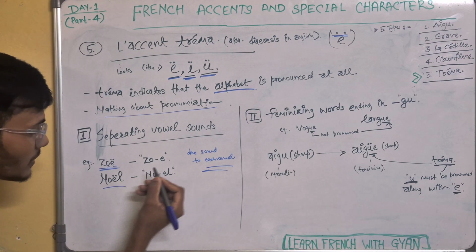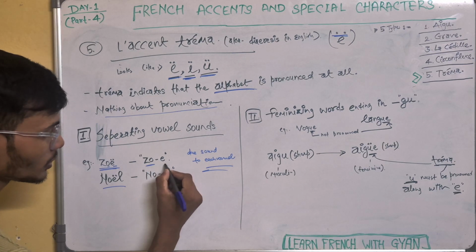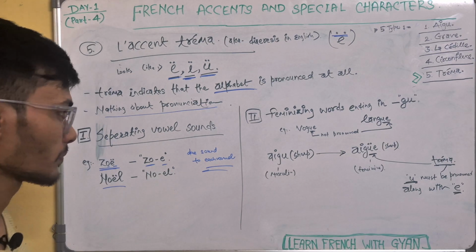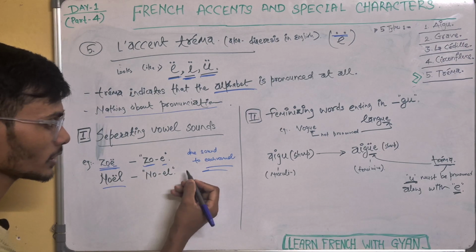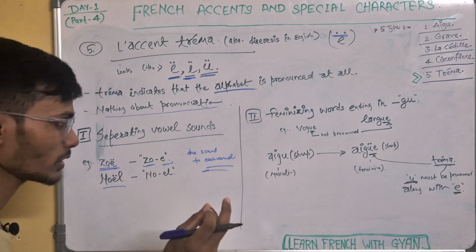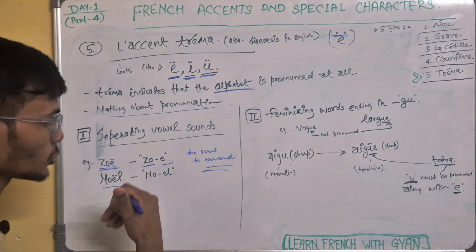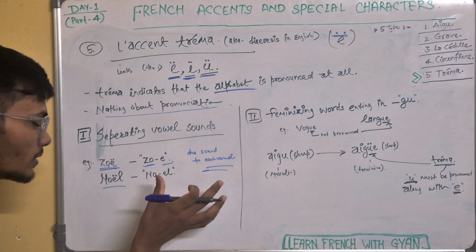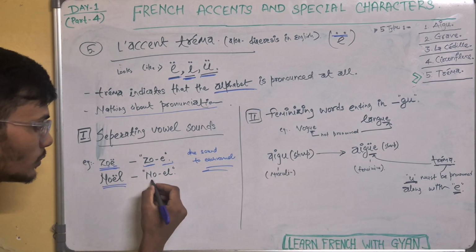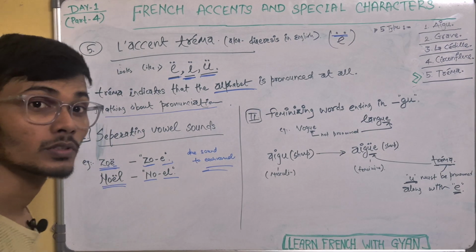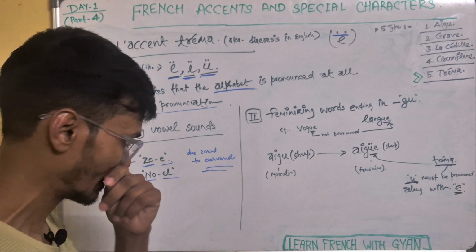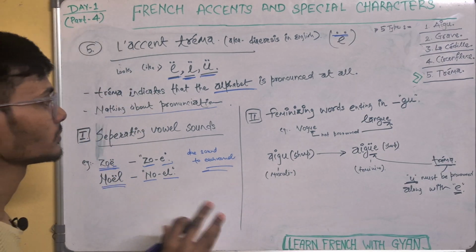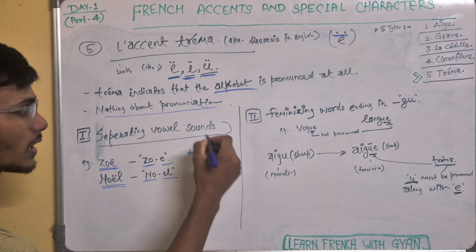There are two vowels here, and you are going to say it as Jo-ë, not Joe. Two sounds are coming, separating the two vowels. Then this: Noël. Rather than saying Noel, you should say No-ël, right? So the separation of the vowels is happening in this part.